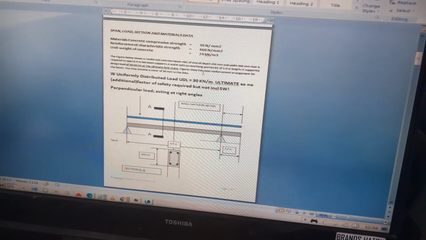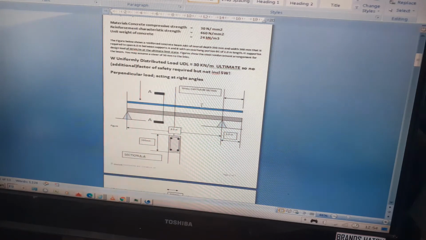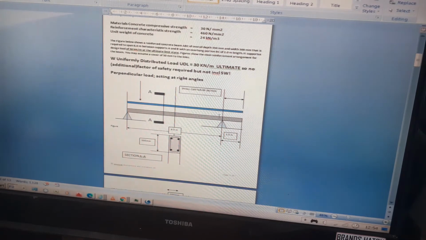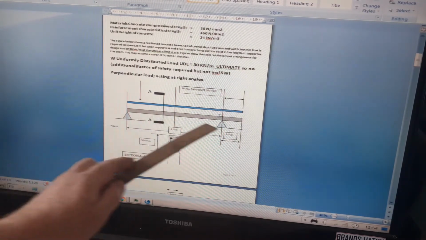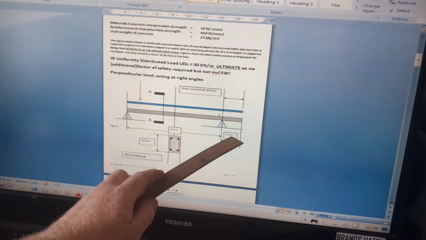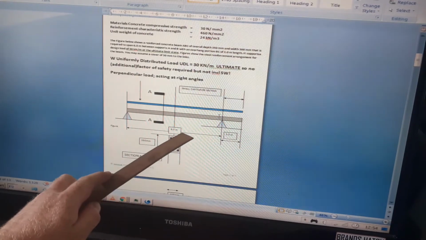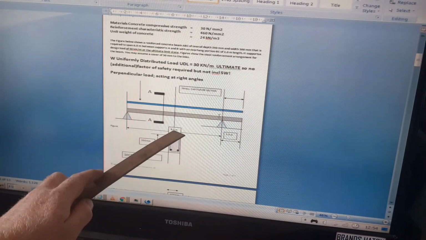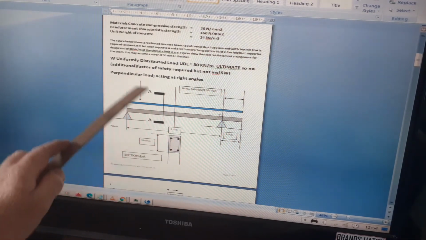The figure shows the steel reinforcement arrangement for the beam, and you may assume a cover of 30 millimeters. I've drawn out the beam here, simply supported between A and B with a span of 6 meters, and the cantilever span to C is 2 meters.